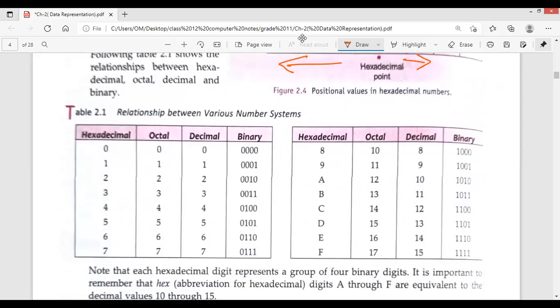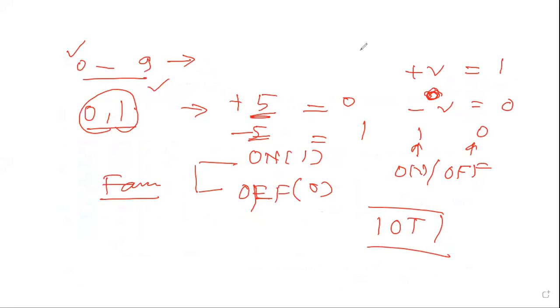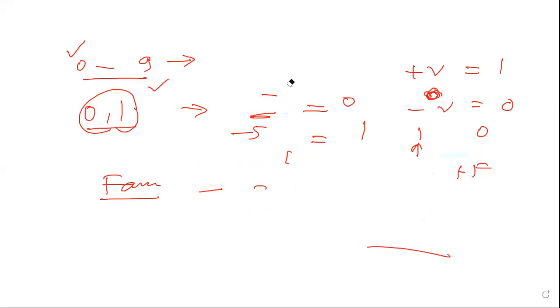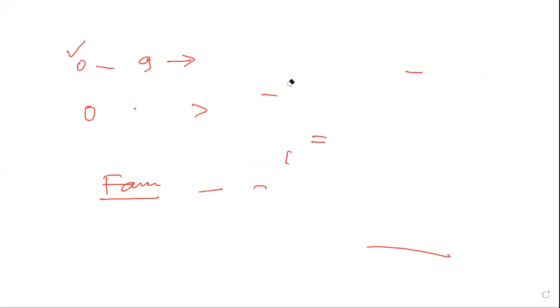Now, once we have seen all the number systems, before going to the relationship between different number systems, we will be seeing conversion between different number systems to decimal. How we are doing it, we will see using an example. We will start with a binary number and see how we will convert it into a decimal number.